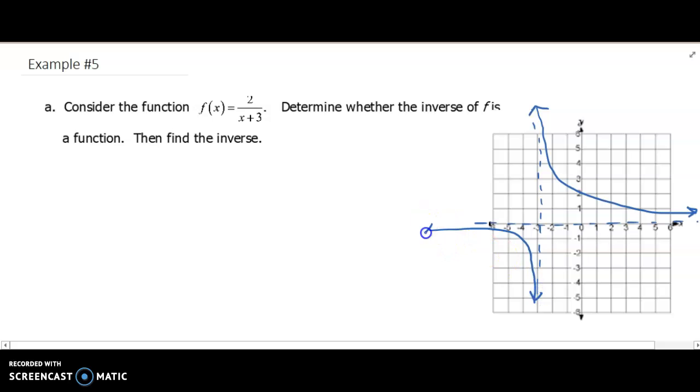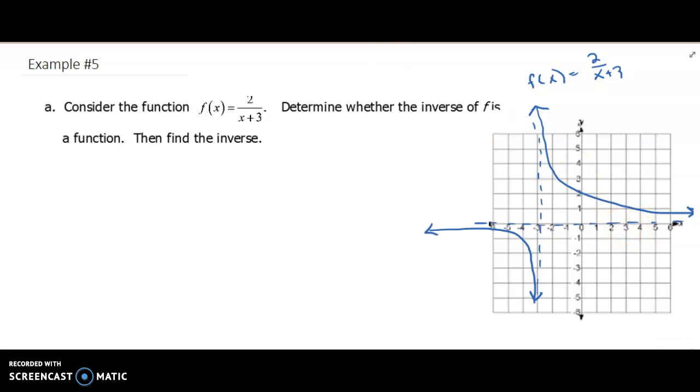This is my graph of 2 over x plus 3. Now remember the horizontal line test. If this passes the horizontal line test, then the inverse of this is a function.